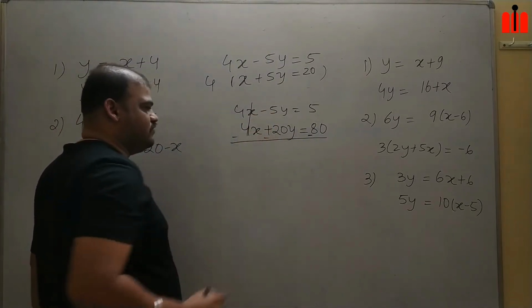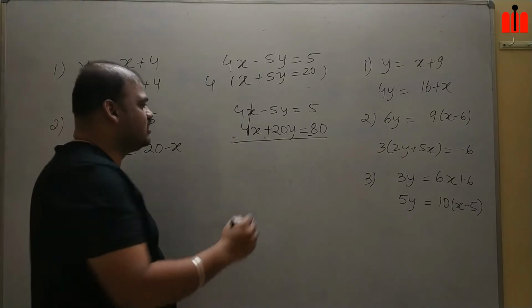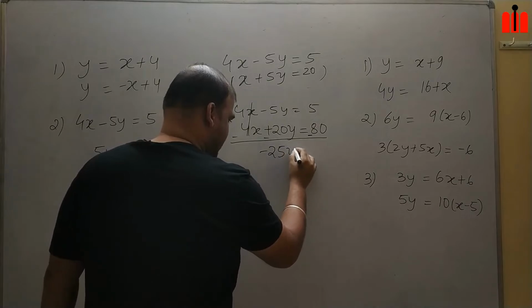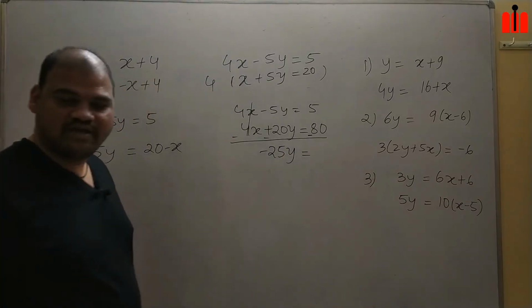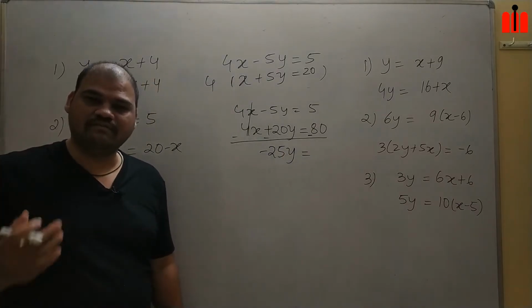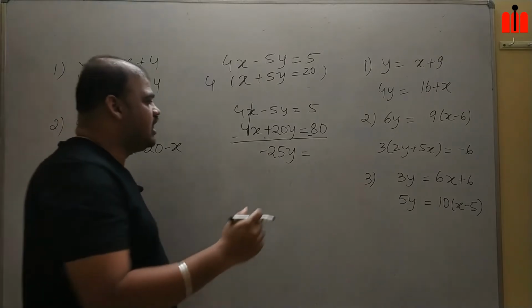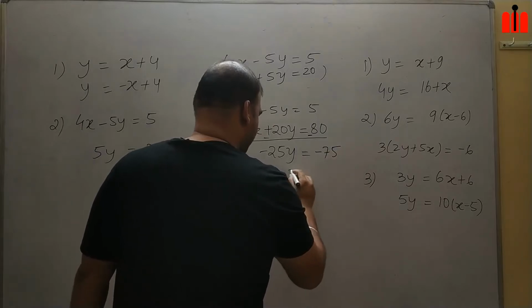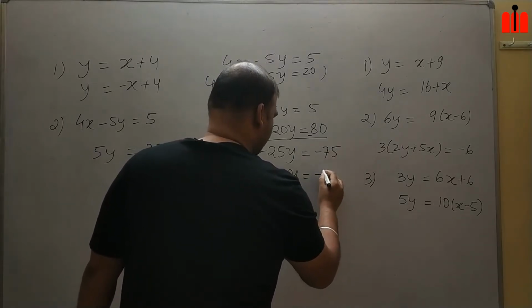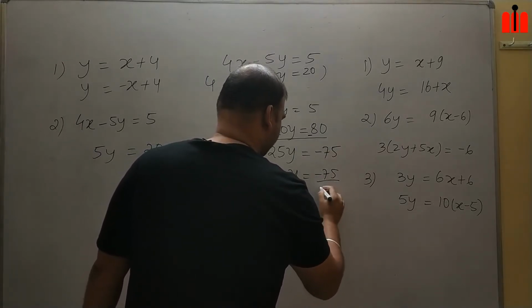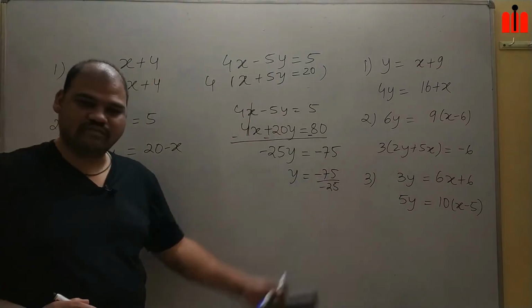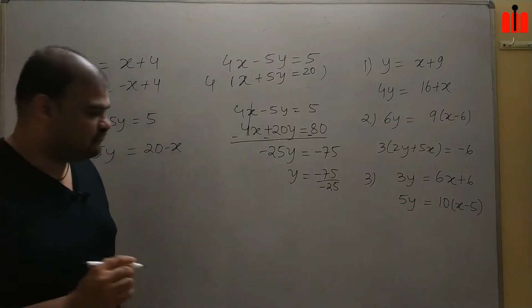Minus 4x will be cancelled. Minus 5y minus 20y is minus 25y. Minus 5 and minus 20, it will become minus 25, and 5 minus 80, it will become minus 75. So y will be equal to minus 75 by minus 25.